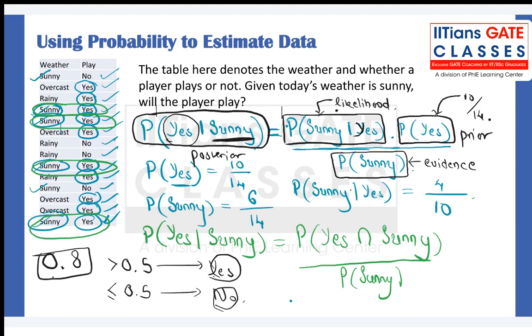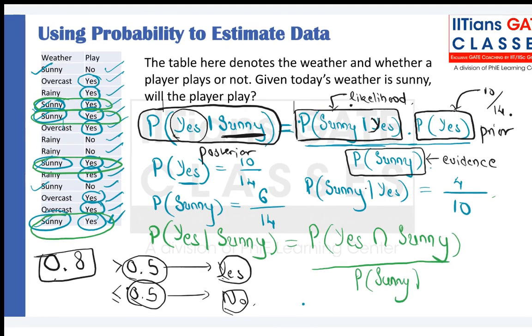So, is 0.5 a good threshold always? Let's say this was a cancer data set, which means given the person's age, whether the person has cancer or not.